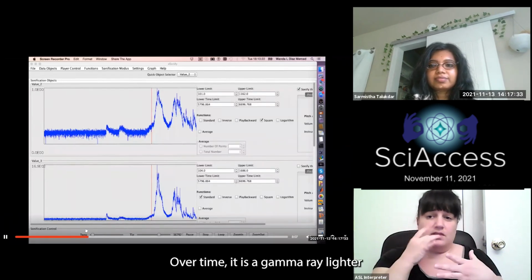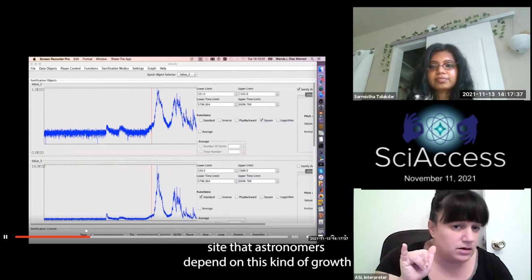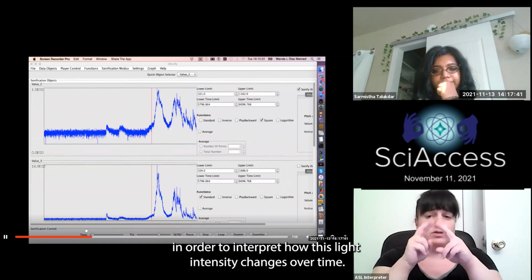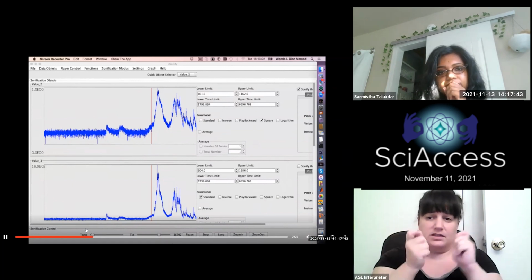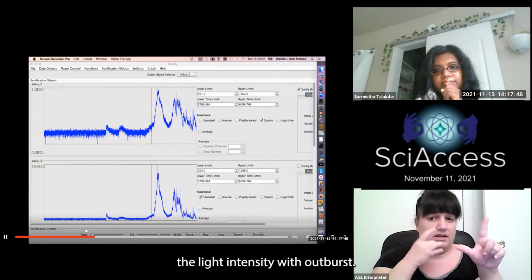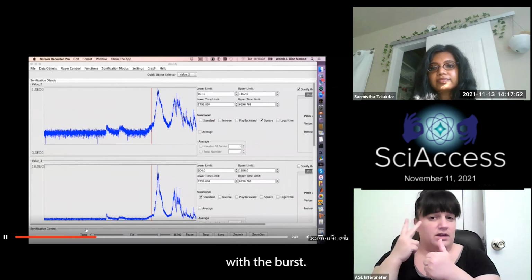It is a gamma ray light curve. Sighted astronomers depend on this kind of plot in order to interpret how this light intensity changes over time. On the left, you will be seeing the light intensity without a burst. And on the right, you will be seeing the light intensity with the burst.